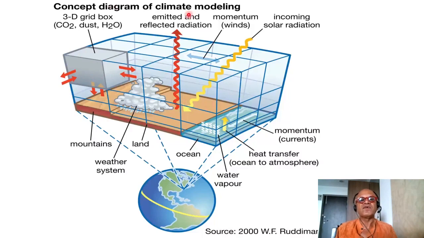So the concept of climate modeling here would then be balancing energy emitted and reflected radiation, energy coming in, incoming solar radiation, momentum and energy being advected around, the ocean being dragged by the winds, the ocean taking up the heat, the ocean evaporating and providing water vapor to the atmosphere, which is a major way of energy being moved around.